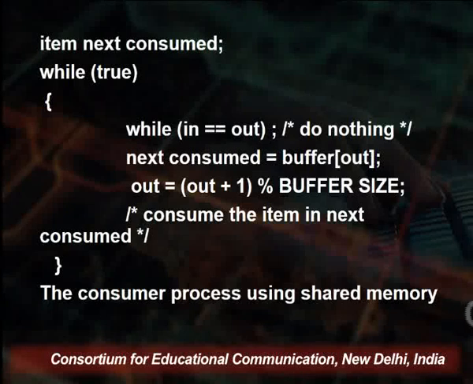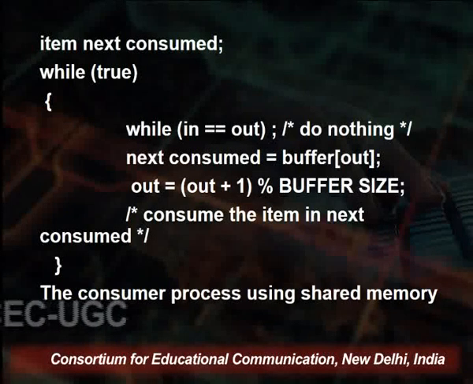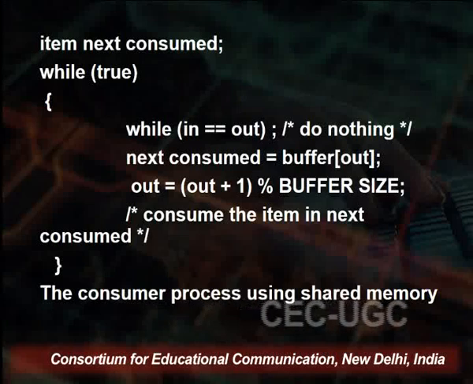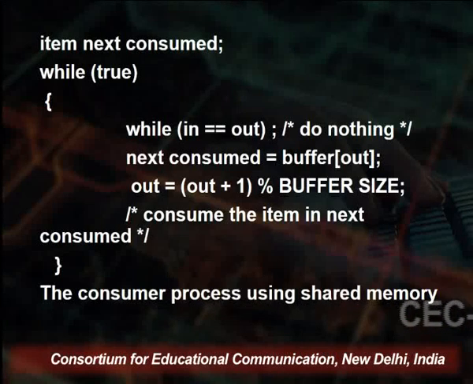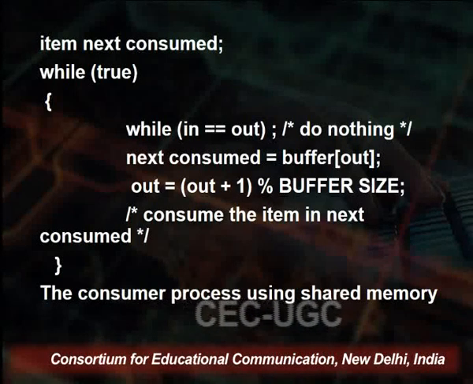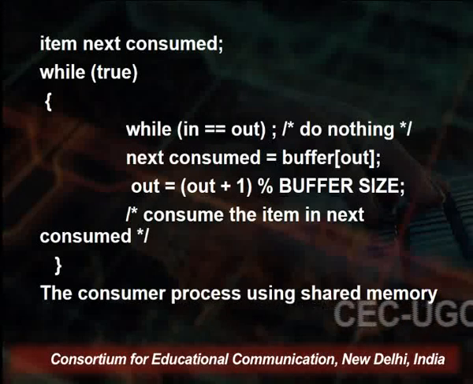Similarly, in the consumer process, while in equals out, that means the buffer is empty, nothing is to be consumed, and it is in the do nothing state. Whenever it has an item to be consumed, that is stored inside the variable next consumed, and the value of the out index is increased.